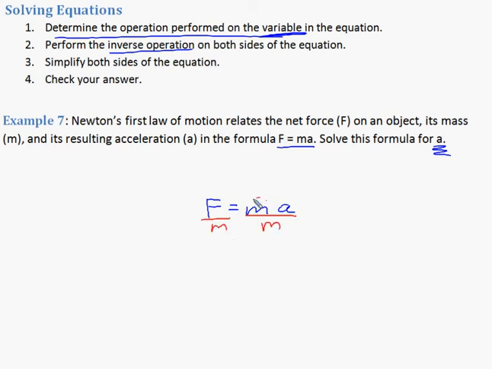And we know m divided by m reduces, that's just 1. And so we're left with f over m equals a. We could rewrite this. We haven't talked much about this, but we can always switch equations. If f divided by m equals a, we can say a equals f divided by m. That's called the symmetric property when you switch the equation around like that.